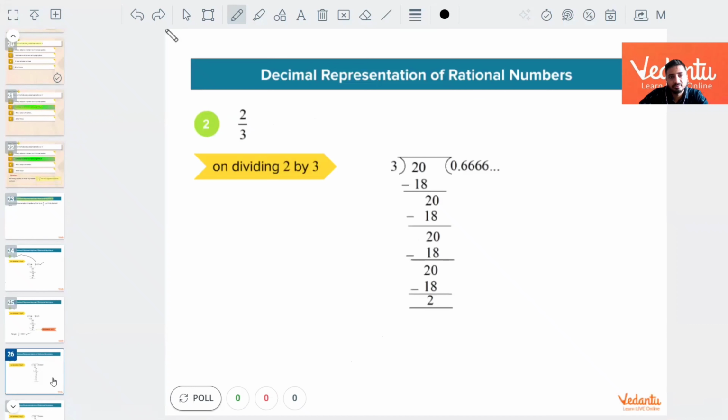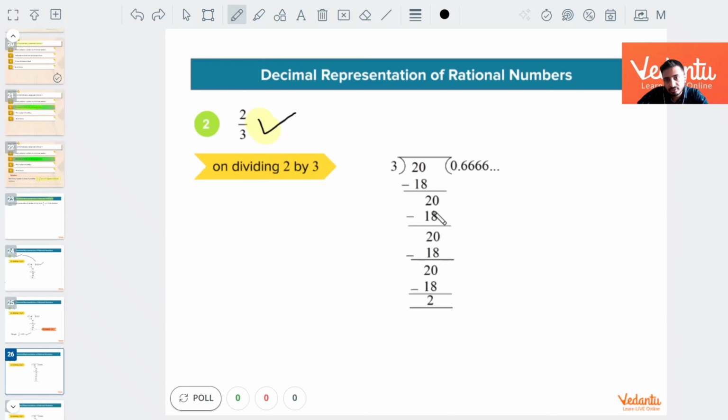Now, next question. How to represent 2 by 3 in decimal form? Here again, the numerator is smaller than the denominator, so we have to take the point. On taking the point, 2 will become 20. 3 sixes are 18.